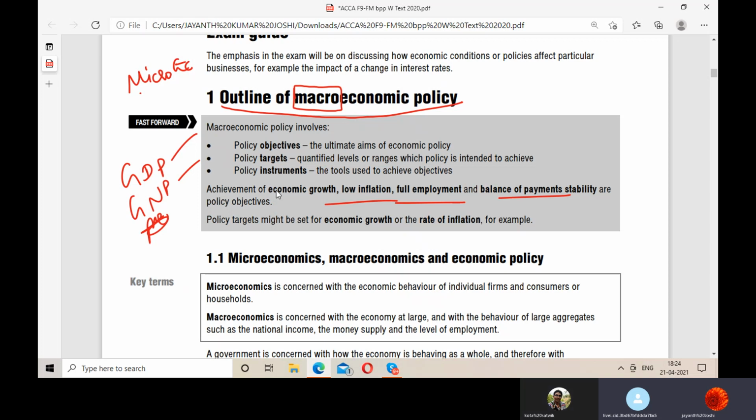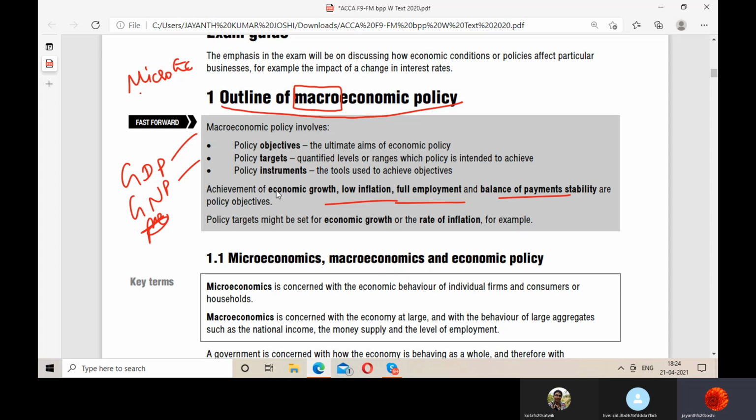Yes, sir. So there are certain problems also we study in macroeconomics, like unemployment, high inflation, balance of payments deficit. We have deficit, not surplus. These problems or issues as well as the achievements are both a part of macroeconomy.